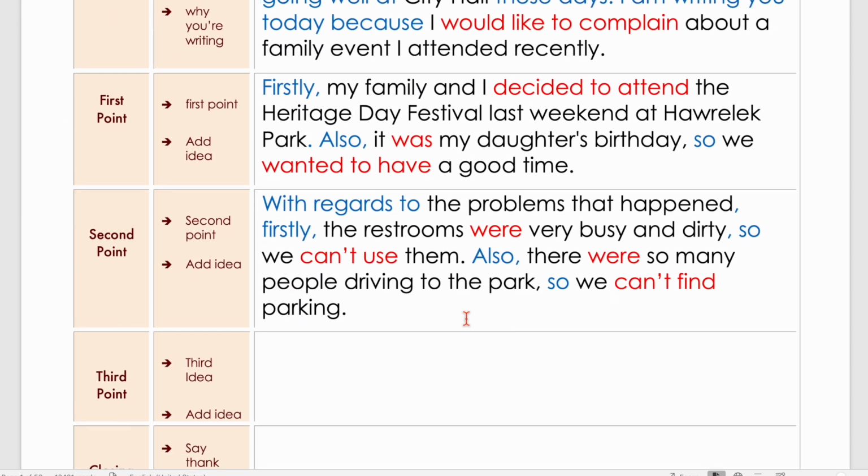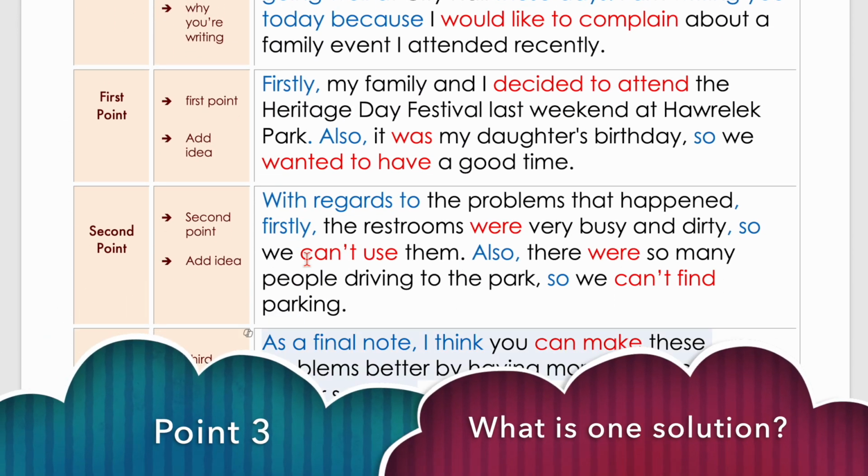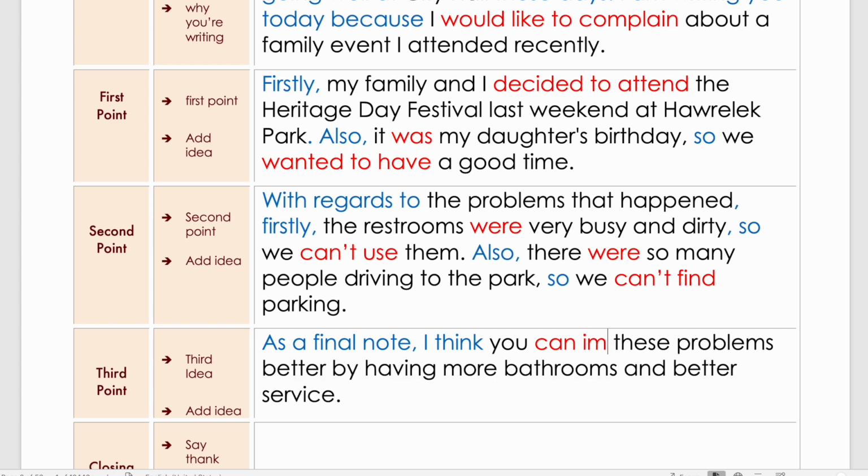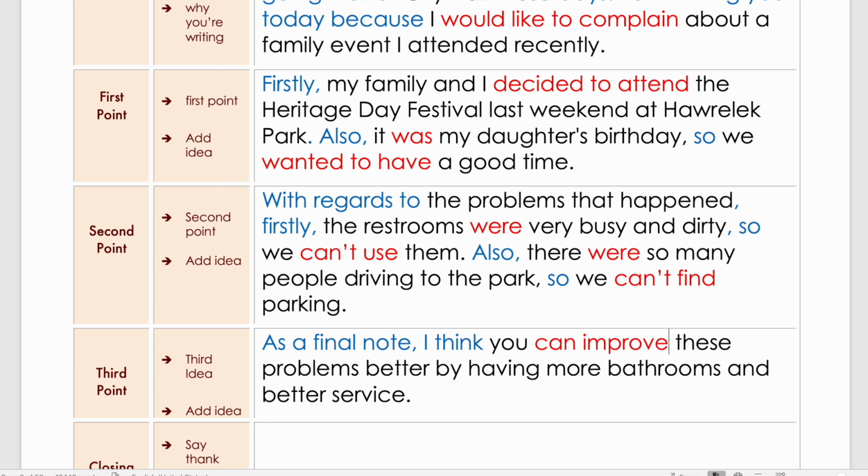So let's see. As a final note, I think you can make these problems better by having more bathrooms and better service. Put here, you can improve, not just make, improve. You can improve these problems by having more bathrooms and better service.